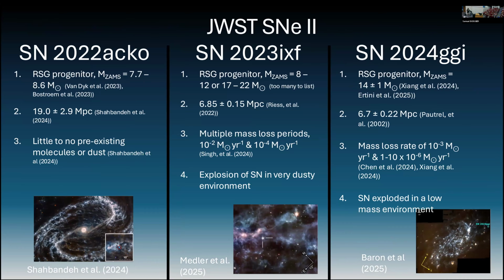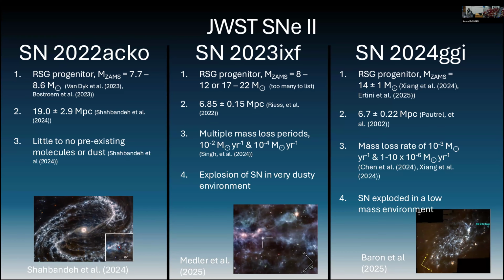So what are these targets? First off, we have the low mass explosion of 2022acko. It was an explosion of a red supergiant on the lower limit of explodability for these kinds of core collapse events. It was observed through pre-explosion imaging, determined to explode in a very clean environment. Next, we have 2023ixf, a very well-known type 2 supernova, which exploded from a progenitor of significantly higher mass than 2022acko.